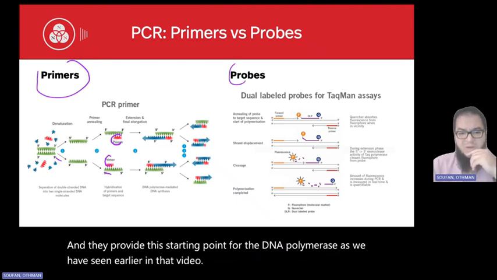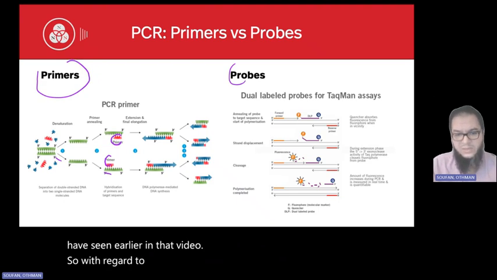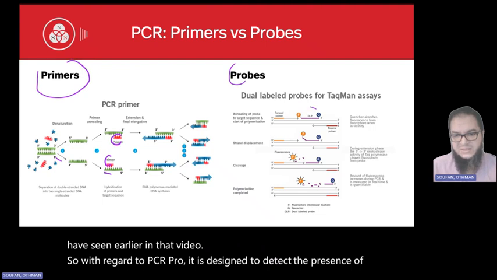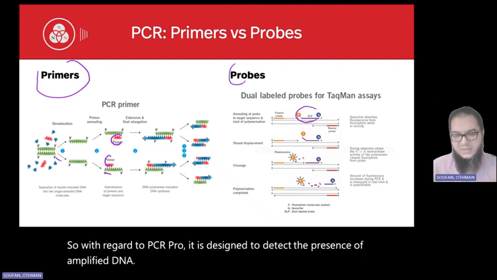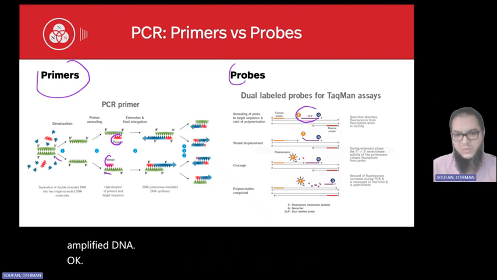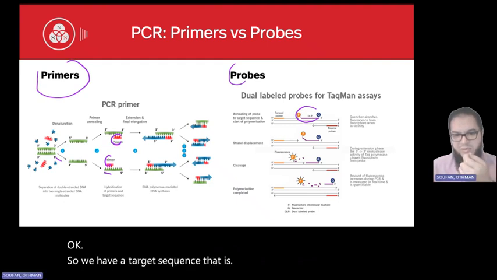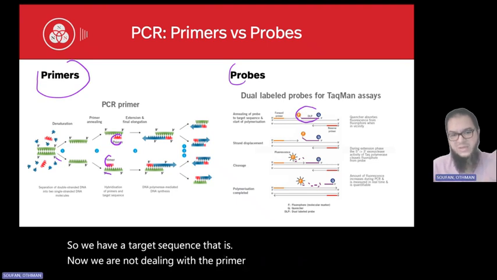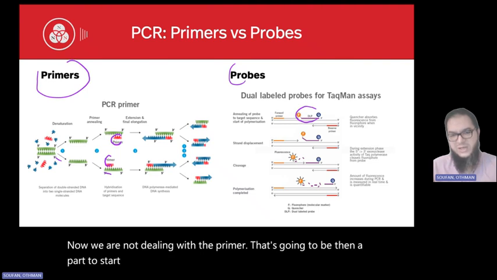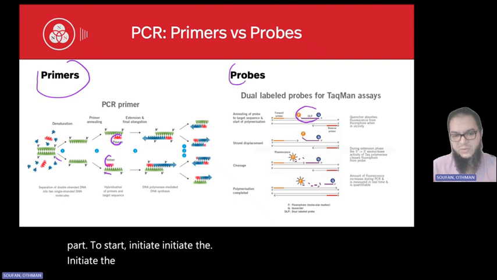With regard to the PCR probe, it is designed to detect the presence of amplified DNA. So we have a target sequence, and now we are not dealing with a primer that is going to initiate the DNA polymerase and then have synthesis.